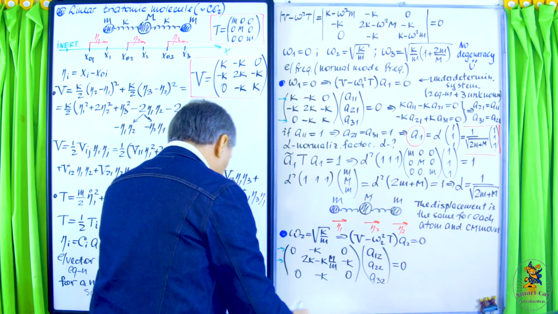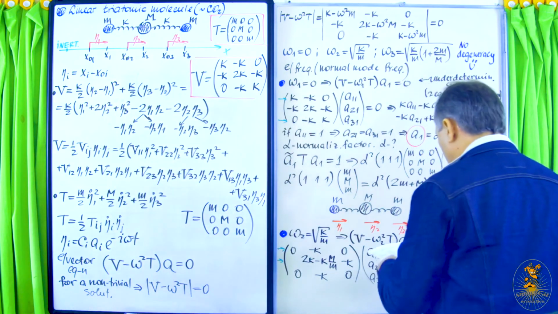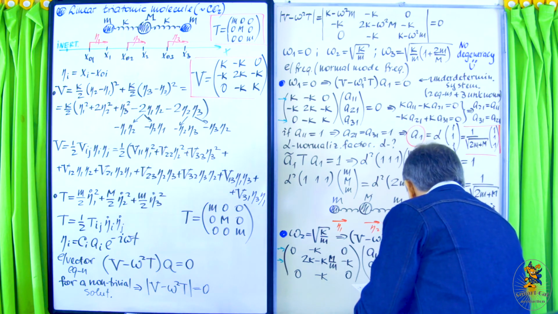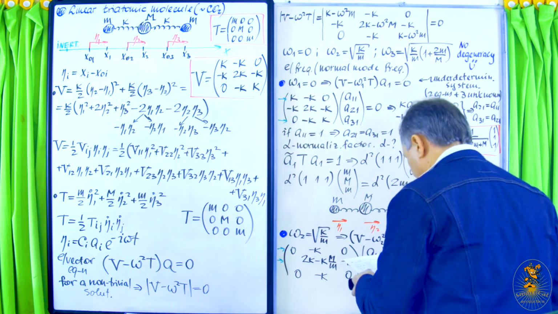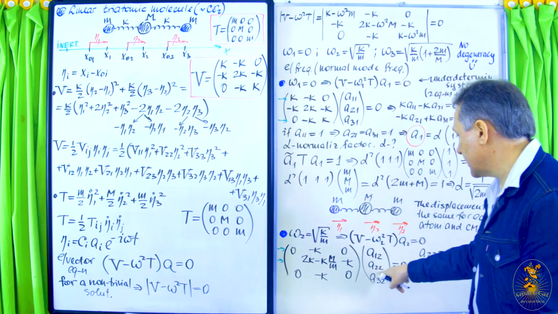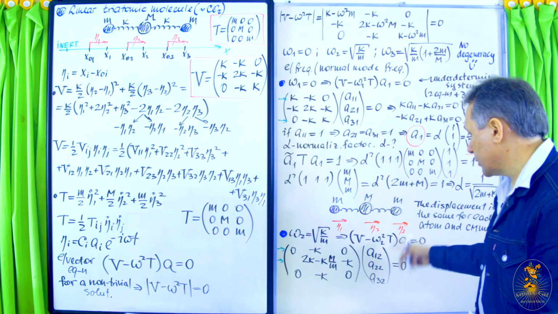So you can easily write it down. You will get that A22 will be equal to 0. Actually, it's from the first equation immediately. You can see it: k times this element must be equal to 0.